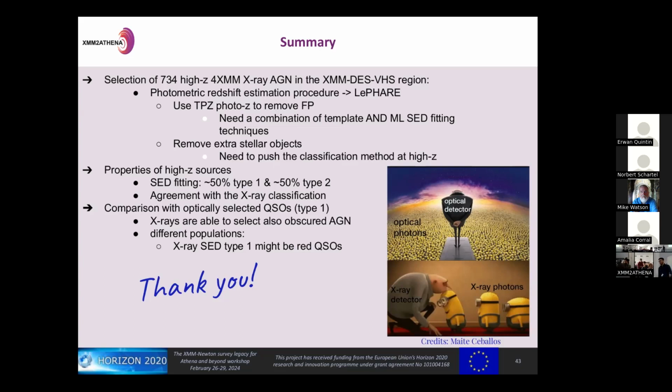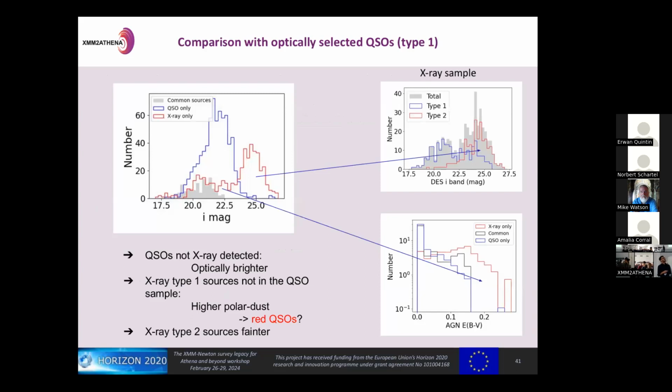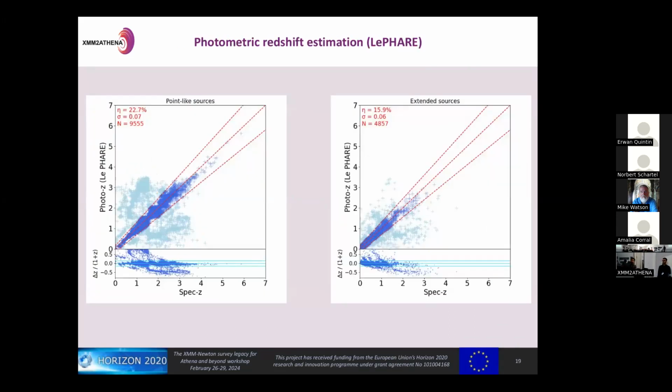Mara Salvato here. When you were showing the comparison between the photo-z and the spec-z for the point-like sources and the extended, here you have a lot of sources that are classified as extended in optical, but they have a redshift that is higher than 1.